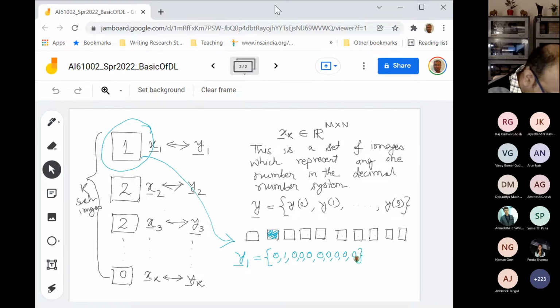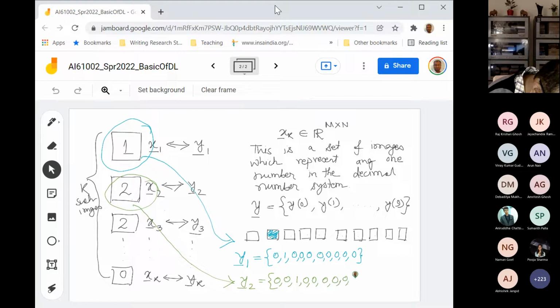Now say I had x2, which was like this. In that case, I will have y2, which looks like 0, 0, 1, 0, 0, 0, 0, 0, 0, 0. This is what it will look like.